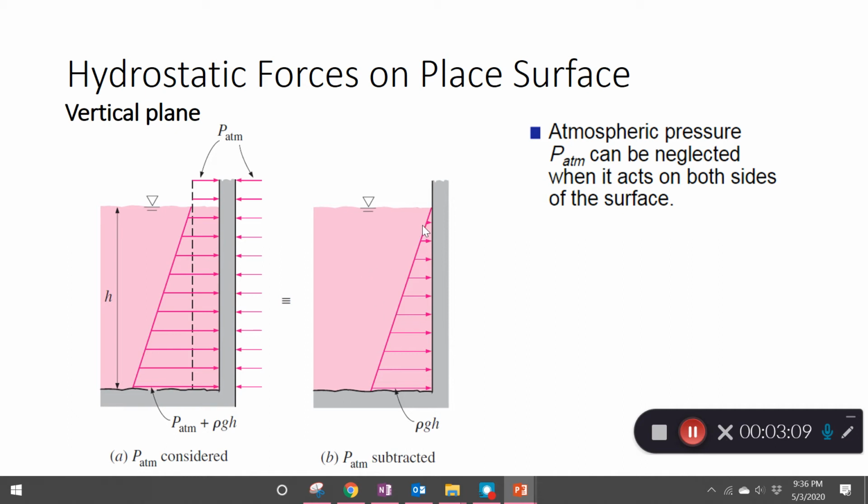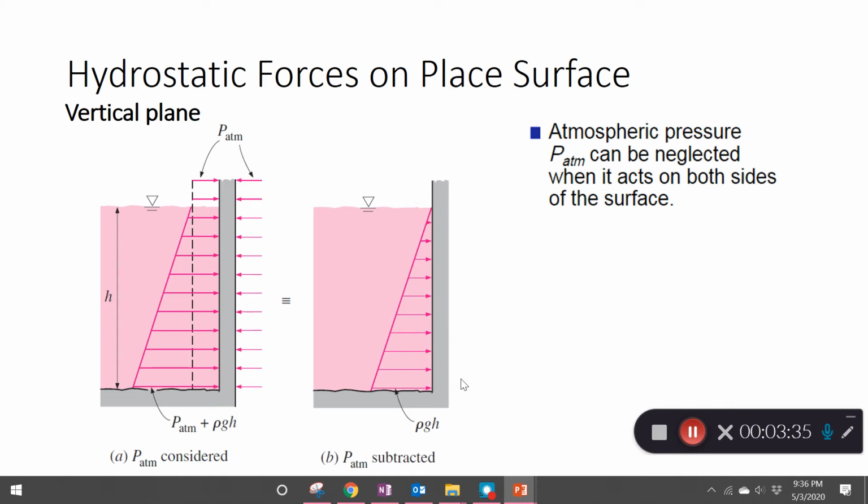This is the same. You still have rho gh, except that you have cancelled out the P atm. It's not because the P atm is not included, but because it is acting on both sides. So actually the P atm cancels itself. You're pushing from this side and from the other side as well, so it cancels each other. We're left with rho gh.